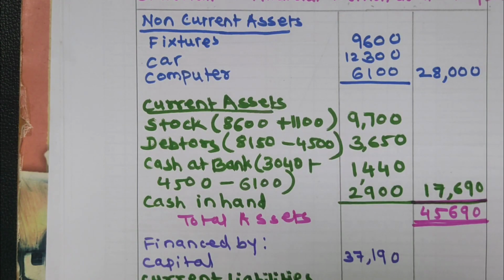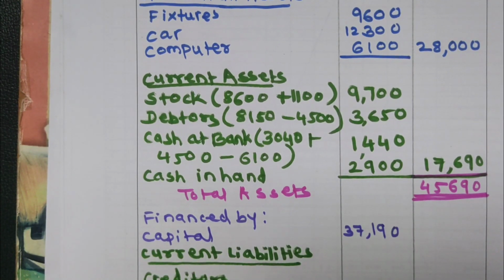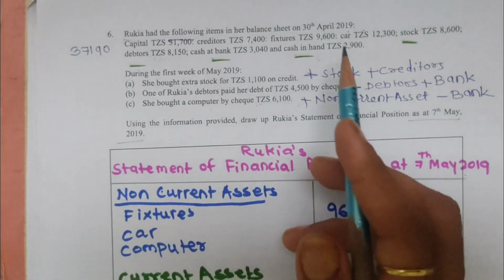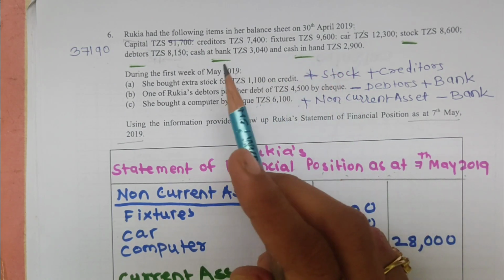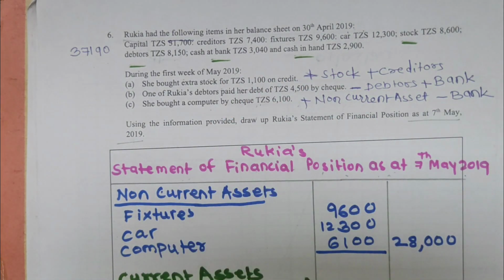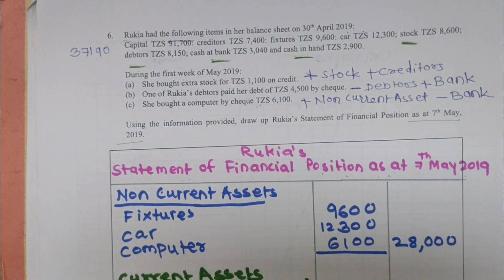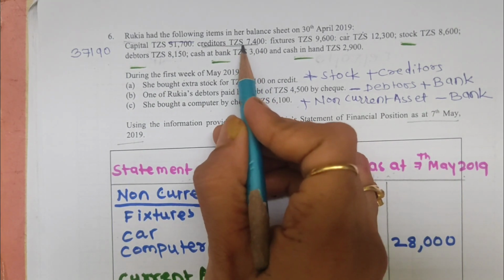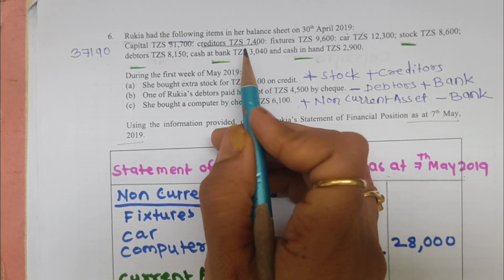Financed by capital was given 37,190, which we have written. After that we have to write down current liability. So what is the current liability above? So current liability is only one, creditors. Okay, creditors is given. You can see here creditors 7400, but again there was an adjustment.